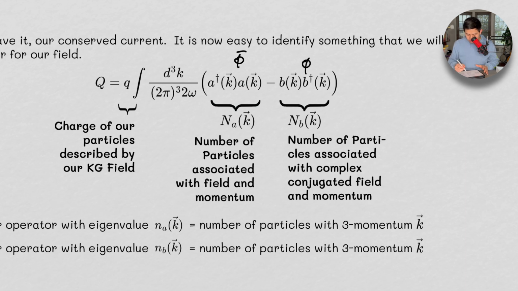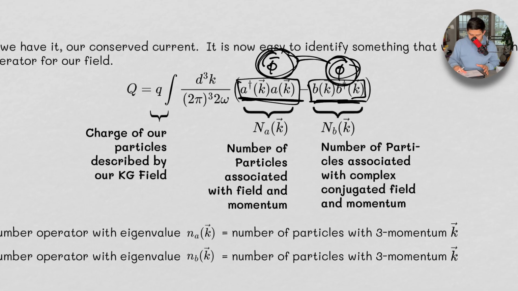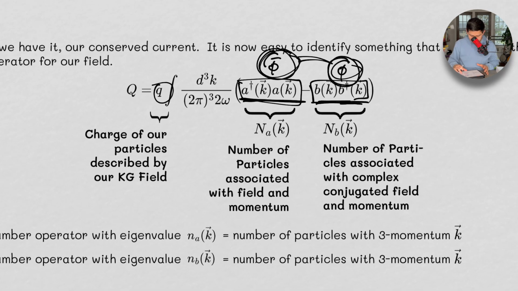Depending on how you label things, we just need to understand that this here is a prescription for what we're going to call a number operator, and it's going to give us the number of particles associated with that field and the number of particles associated with its complex conjugate. So these things are really just related to each other by the fields, which are complex conjugates of each other. Okay? And then this is the charge.